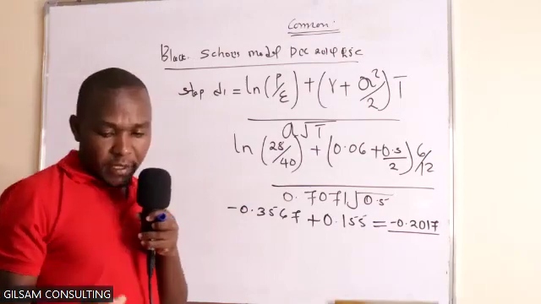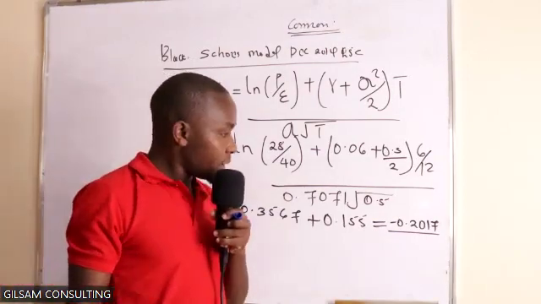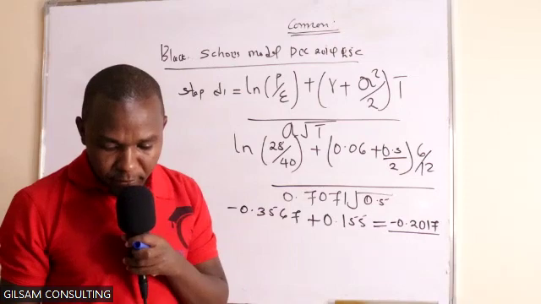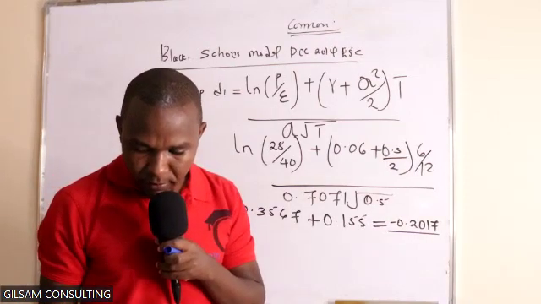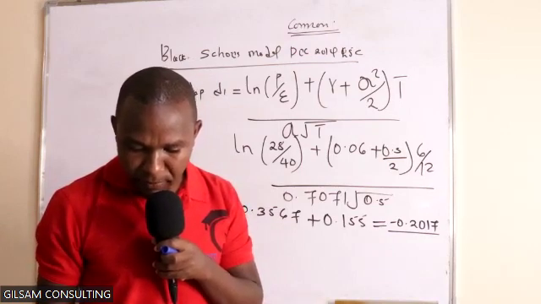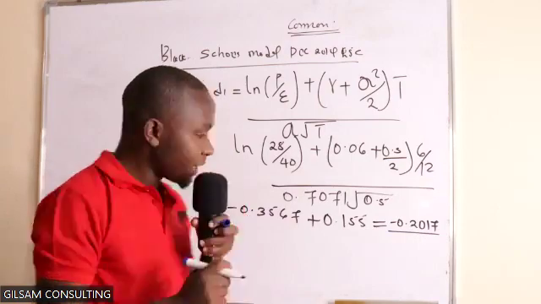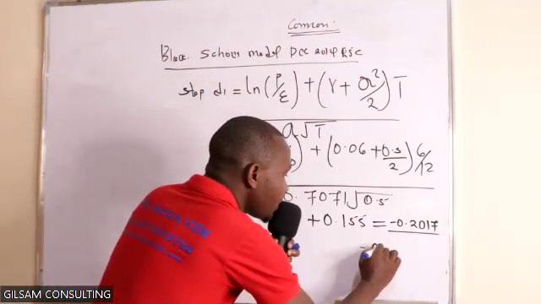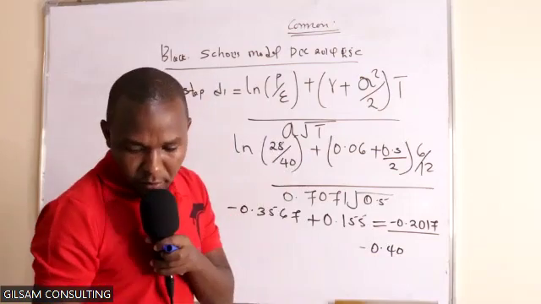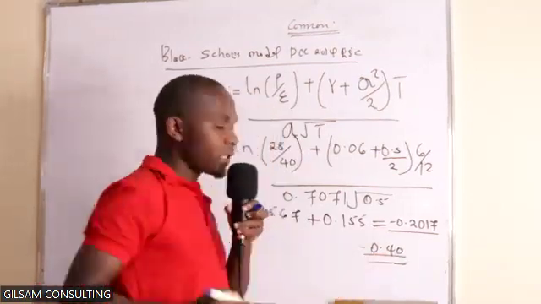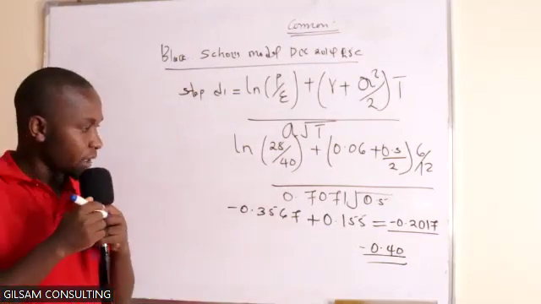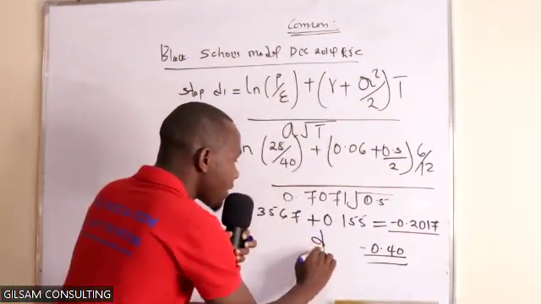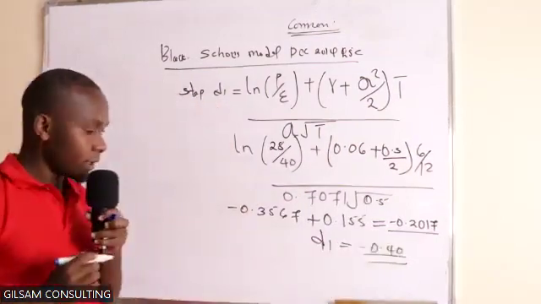After getting that, without deleting, you write negative 0.2071 divided by the answer. So you get negative 0.4. Let's use two decimal places, negative 0.40. So that one is our D1.